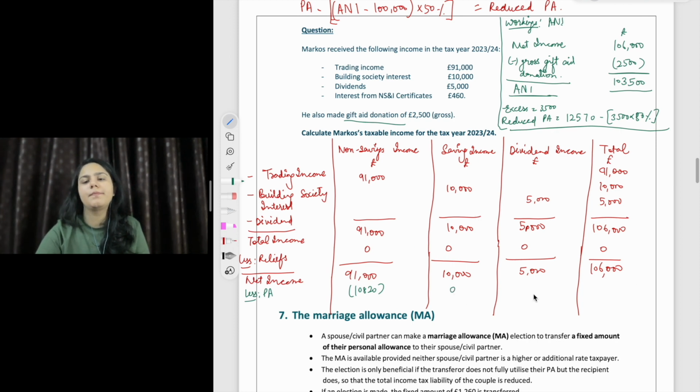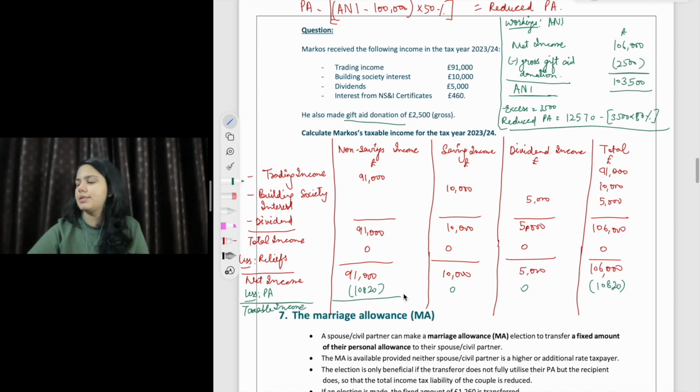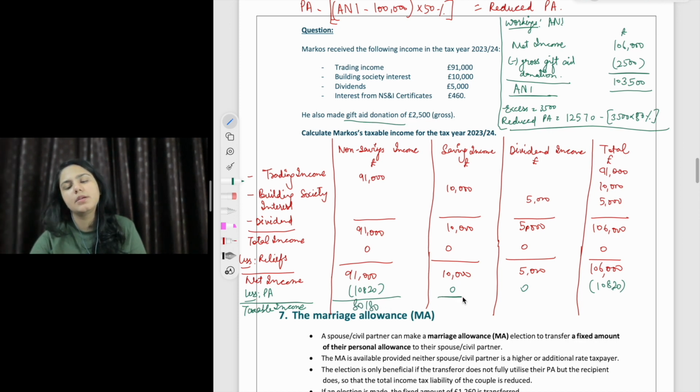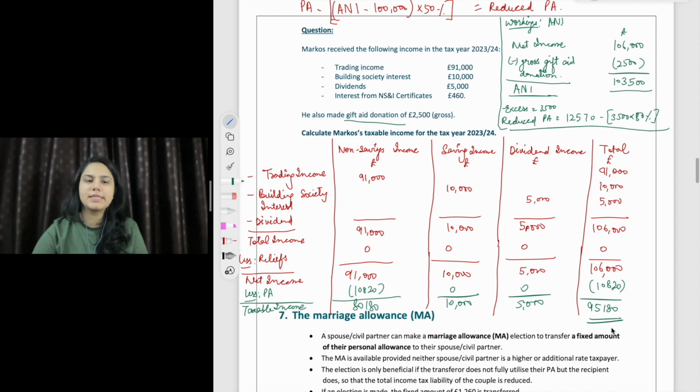So all of my personal allowance will be taken up by my non-savings income, and this will give me my taxable income. Taxable income here is going to be 80,180. The savings and dividend figures remain the same, and as for the total, it's going to be 106,000 minus 10,820, which is 95,180. I hope this is clear.